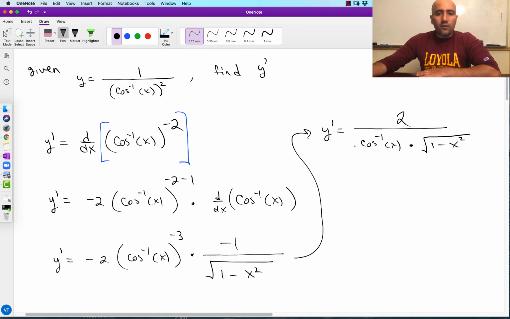And then all of this is raised to the power of 3. So this is in the denominator, and negative 2 and negative 1 gives you a positive 2. There's our answer.